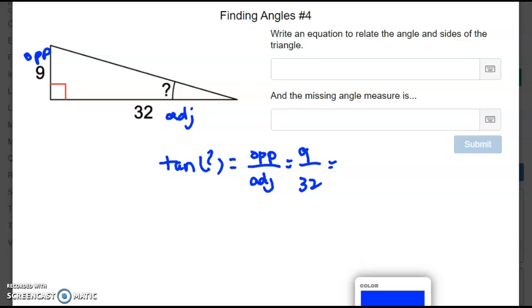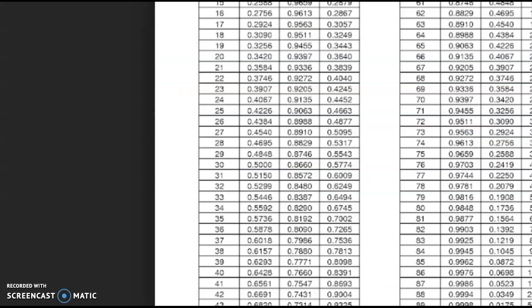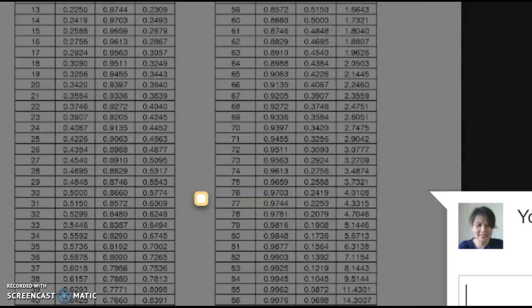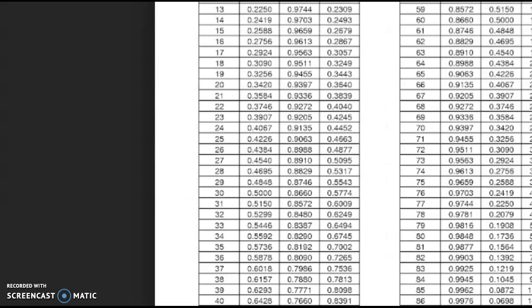If I use the calculator, 9 divided by 32 is equal to 0.281. So again, I am looking for 0.281 for the tangent ratio. 0.26, 0.28, so that's very close to 0.281.